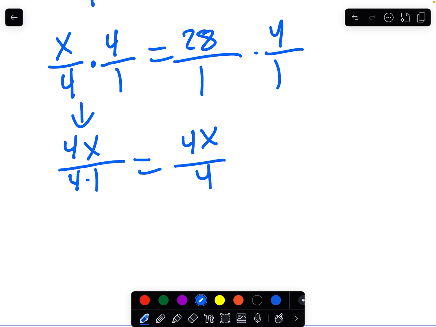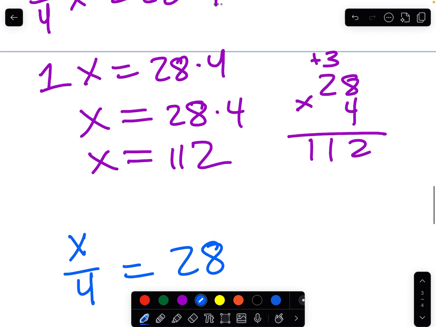And these cancel each other out. Or another way to think about it is 4 over 4 times x over 1, and these cancel each other out. So I hope that wasn't confusing.